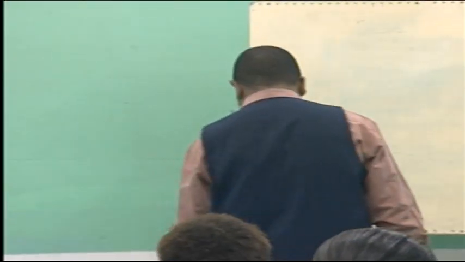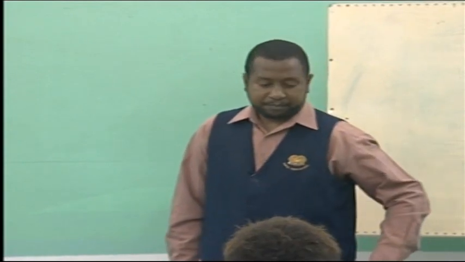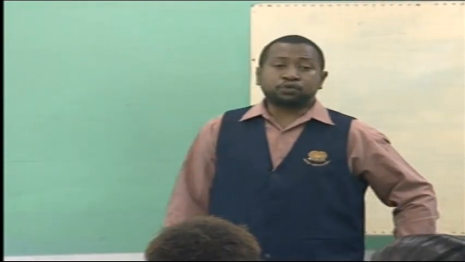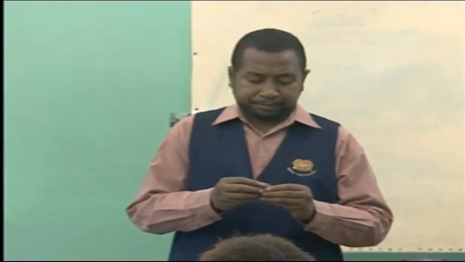before we begin our lesson, I would like to show you something which I have in my pocket. Please look up here carefully. In my pocket, I have two objects. I think you might be familiar with them.